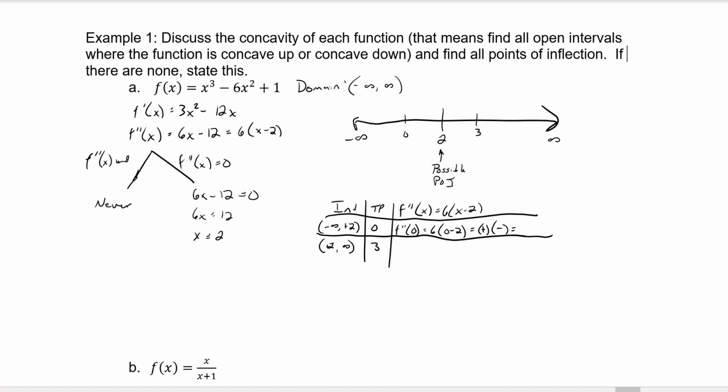So that means that f double prime of 0 is less than 0. Which then means we can say that f is concave down on the interval negative infinity to 2.